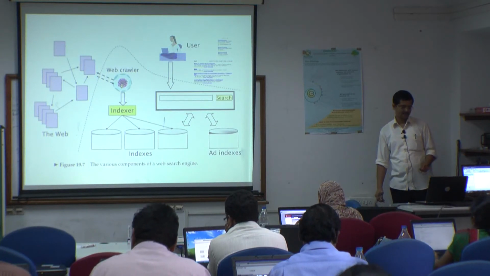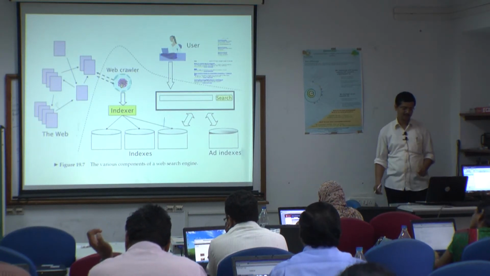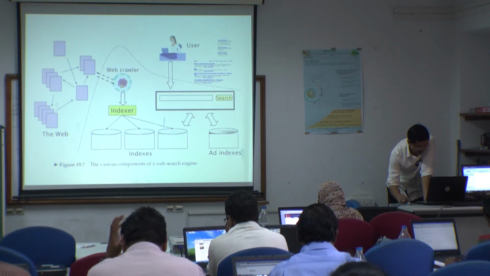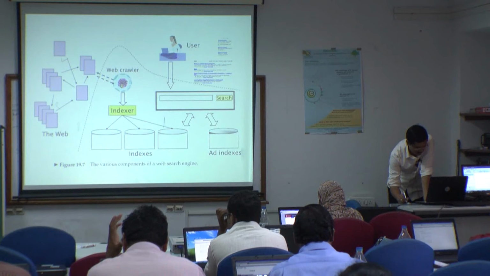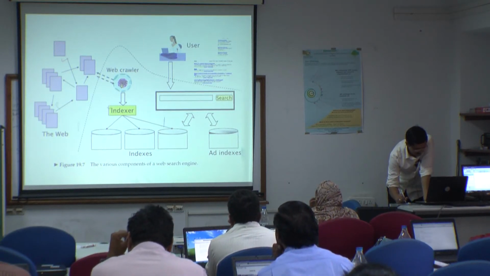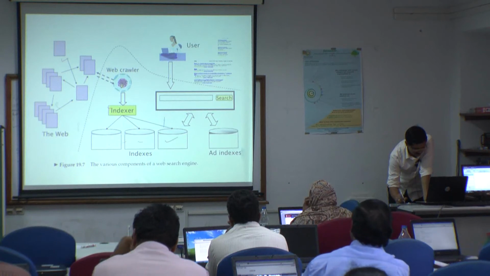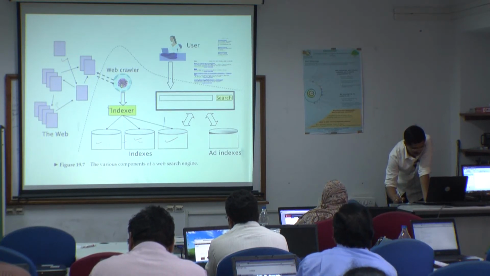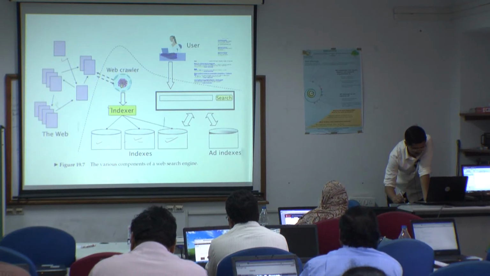So this is the basic architecture for any search engine. These are the web pages. First the web crawler will crawl those pages, the indexer will index those pages in different index databases, and after that it will create the inverted index here.